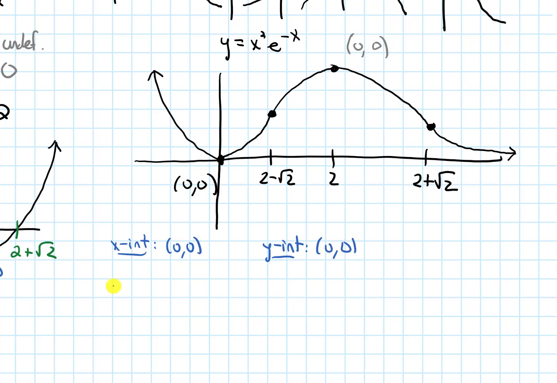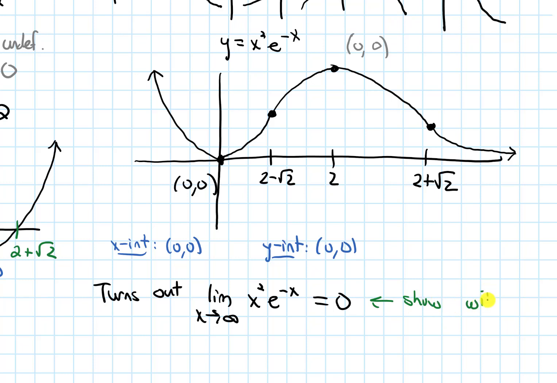To find the horizontal asymptotes, I have to take the limit as x goes to infinity and as x goes to negative infinity. The limit as x goes to infinity of x squared e to the negative x ends up being 0.